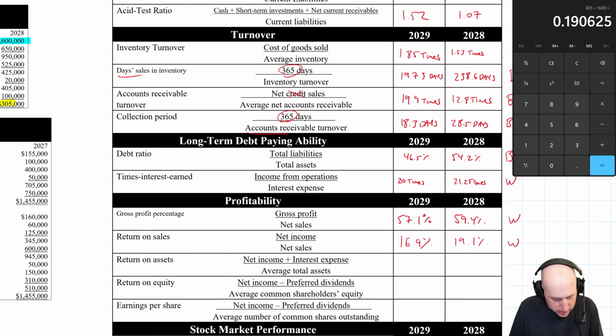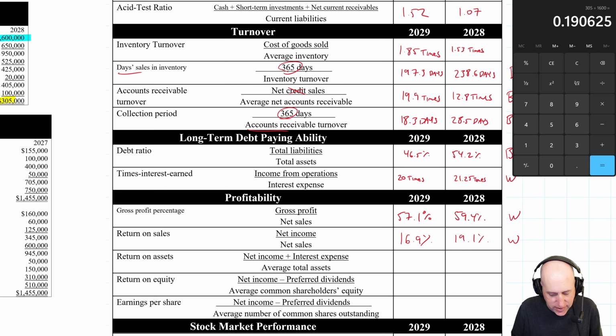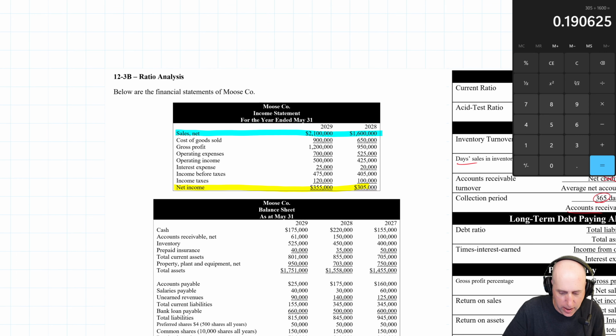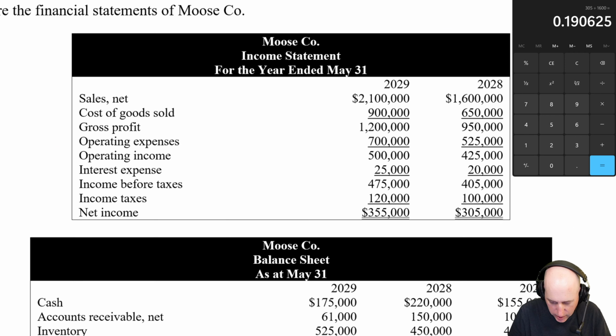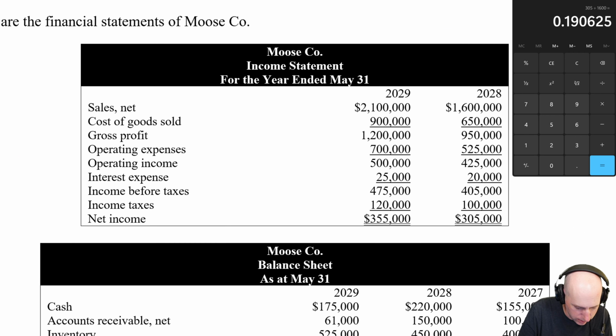Okay, next, ROA, return on assets. Net income plus interest divided by average total assets. I'll make another line called NI plus int.